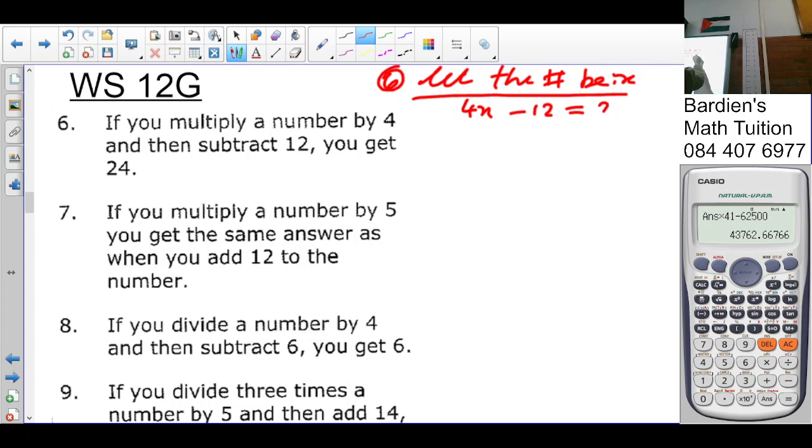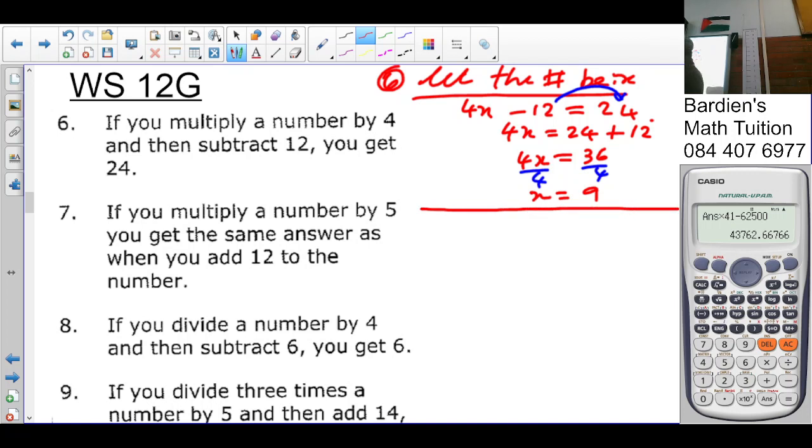You get 24. x is one side, numbers the other side. So 4x is equal to 24 plus 12, which is 36. So what do I do now? Divide by 4 both sides. So x is going to be 9.